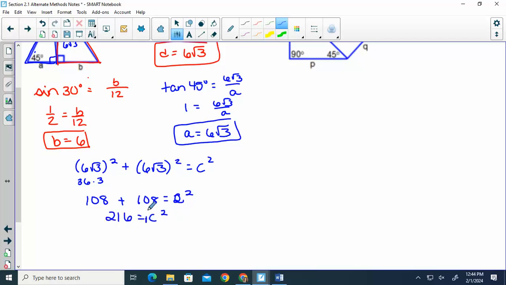Okay, so now we have to square root, so we need a perfect square. So you can break it into 36 and 6. So these problems are longer because there's so many pieces we're solving for.